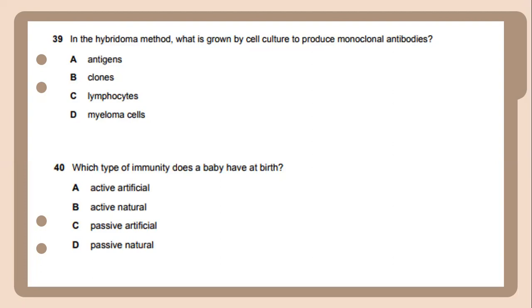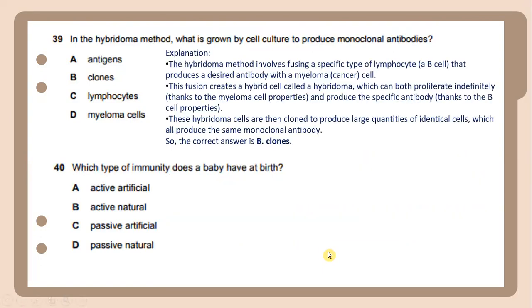39. In the hybridoma method, what is grown by the cell cultures to produce monoclonal antibodies? The hybridoma method involves fusing a specific type of lymphocyte, which is a B cell, that produces a desired antibody with a myeloma cancer cell.